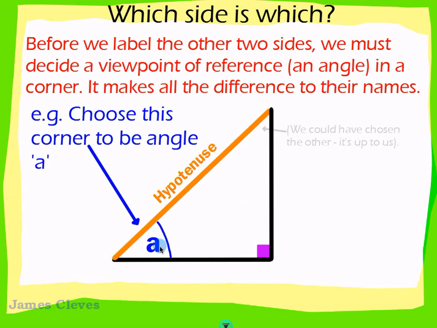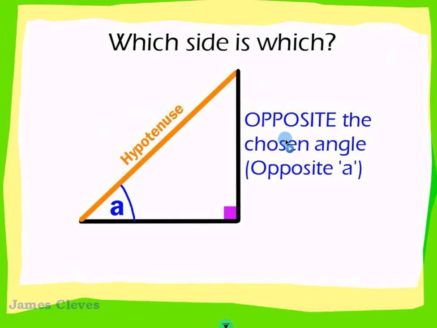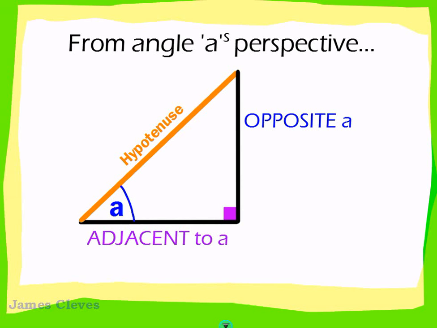If we say this one here is the angle in question, then we can label the sides. So if this is our angle A in this corner, everything's in relation to that. This side, which is directly opposite the angle, if you look at that straight line going here, is opposite the angle, so we call it the opposite side.